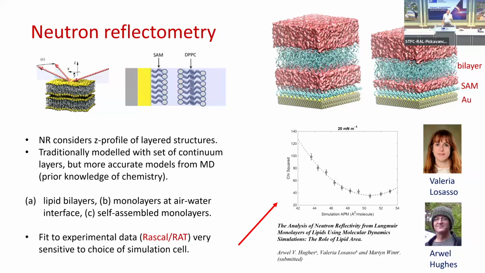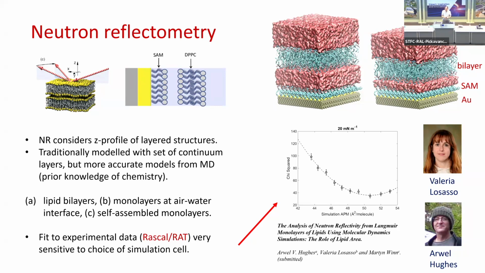In a sense, the atomic models are higher resolution than the technique, but I think you're using the facts that you're bringing prior chemical knowledge to play into this. So you can use molecular dynamics to produce an ensemble of structures and then look to fit that to the neutron reflectometry curve.